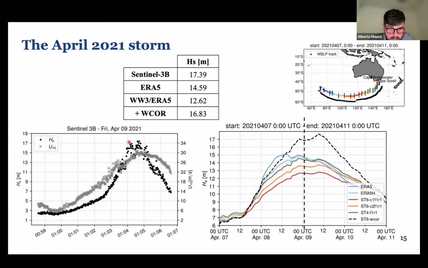As you can see, the measurements were fluctuating between 16 to 17 meters for the waves, and the wind was up to 30, 31 meters per second. So this is just to show you that this 17 should be here.